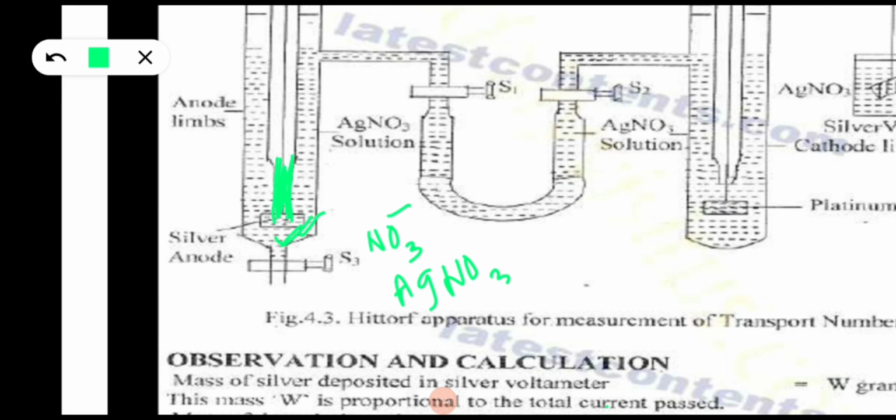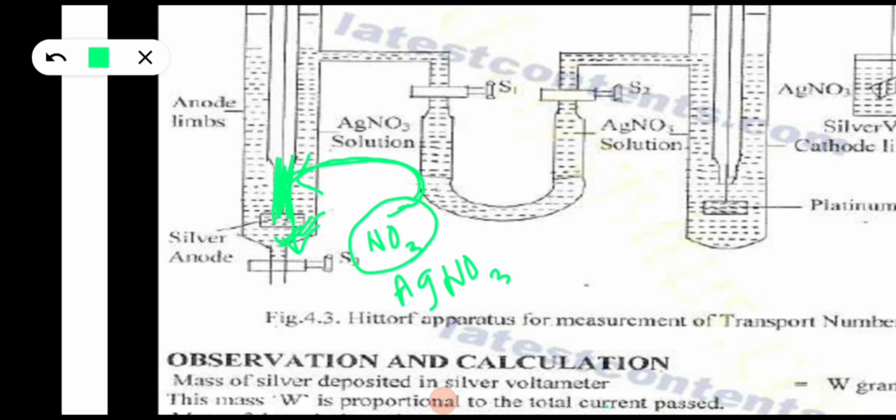So because of this, initially when NO3 minus ions deposit here, there will be a decrease in the concentration. During the earlier experiment we saw there was a decrease in the concentration, but here NO3 minus is attacking the electrode and bringing the silver electrode into the solution.